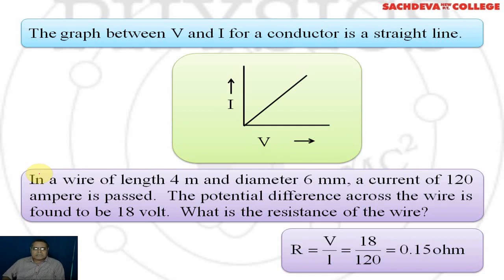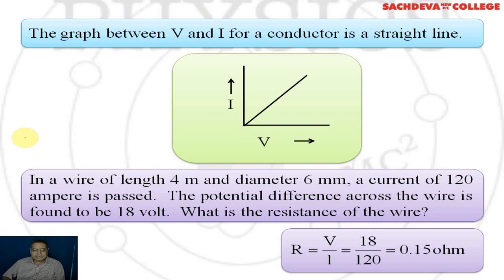Now we can take an example of the application of Ohm's law. We can take a wire of any length. However, in this question, in a wire of length 4 meter and diameter 6 mm, a current of 120 amperes is passed. The potential difference across the wire is found to be 18 volts. What is the resistance of the wire?